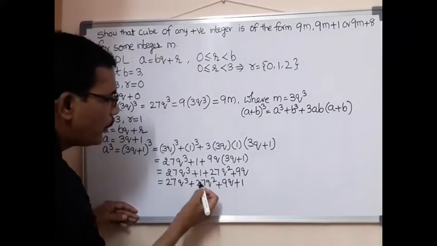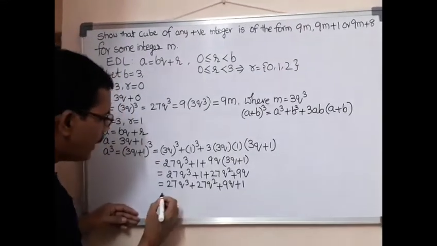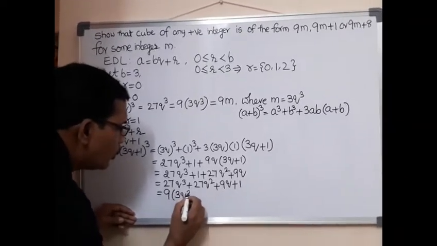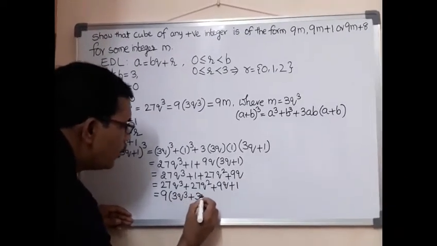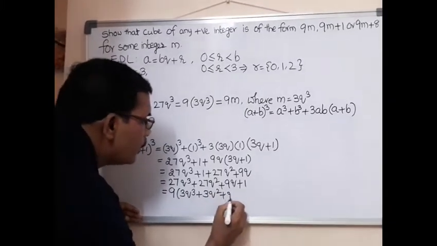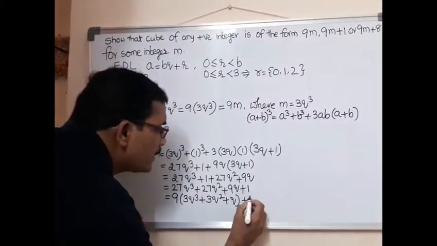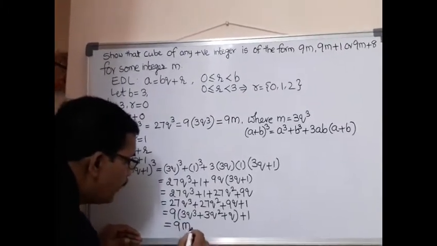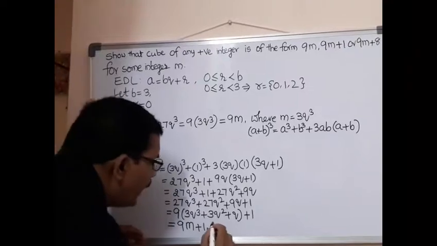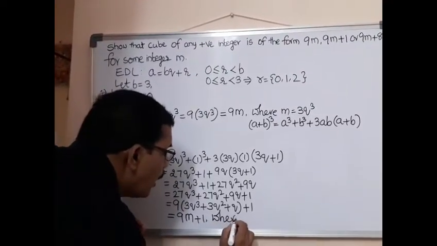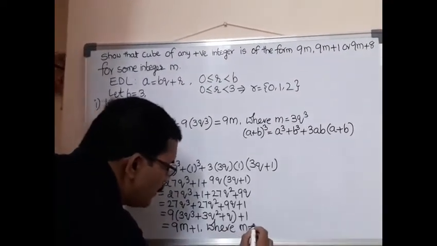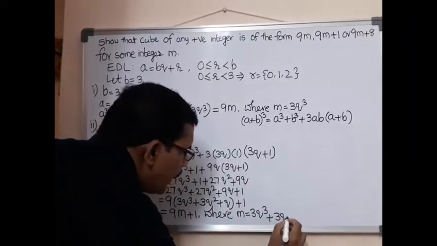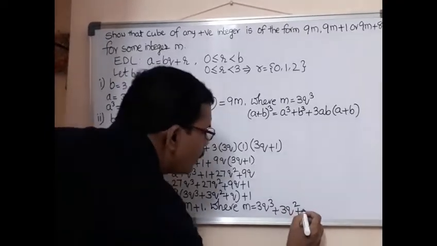In the first 3 terms I am taking 9 common. 9 of 3q cube plus 3q square plus q. The last one is as it is. So this is equal to 9m plus 1, where m is equal to 3q cube plus 3q square plus q.